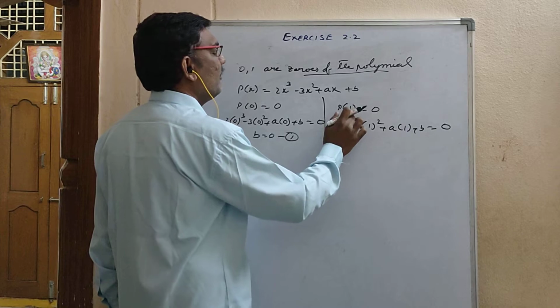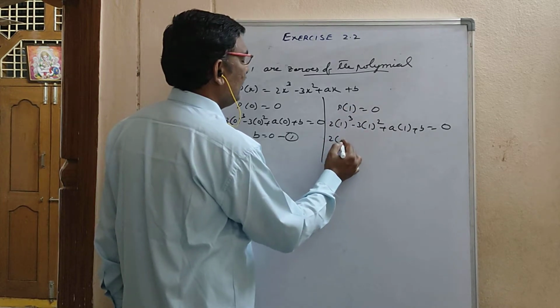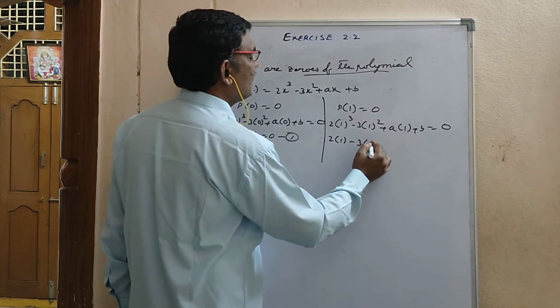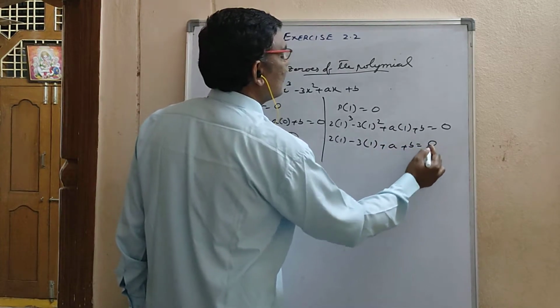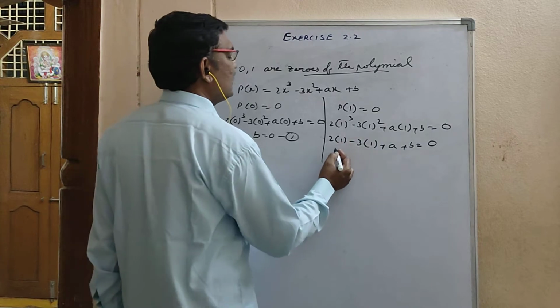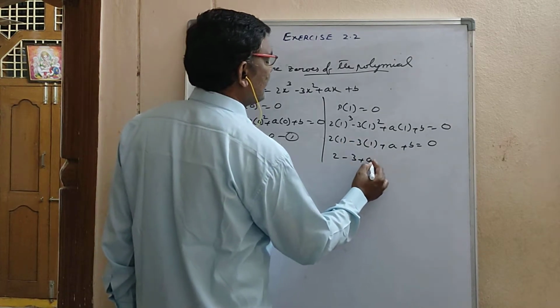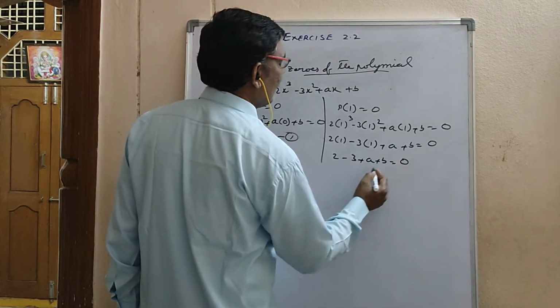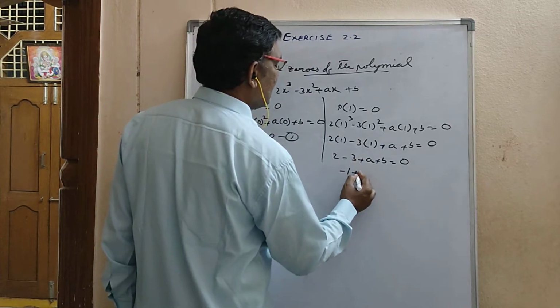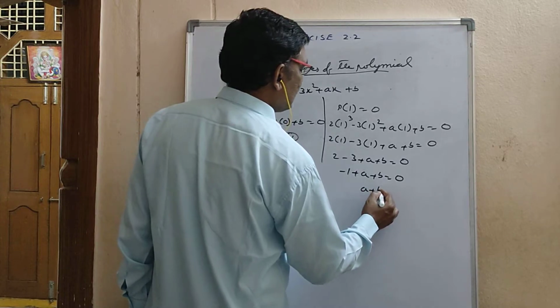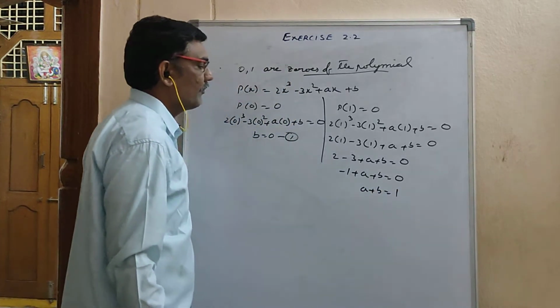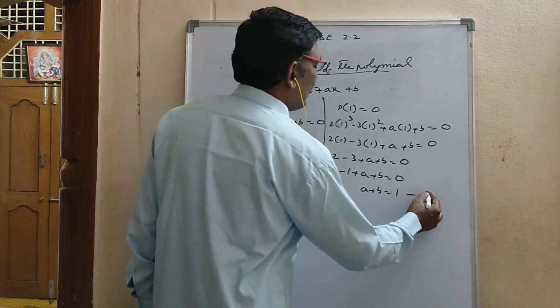First simplify 1 cube; 1 cube is 1 only. 1 square is also 1. A into 1 is a, plus b is equal to 0. 2 ones are 2, minus 3, plus a plus b is equal to 0. 2 minus 3 is minus 1, plus a plus b is equal to 0. A plus b is equal to 1. This is equation number 2.